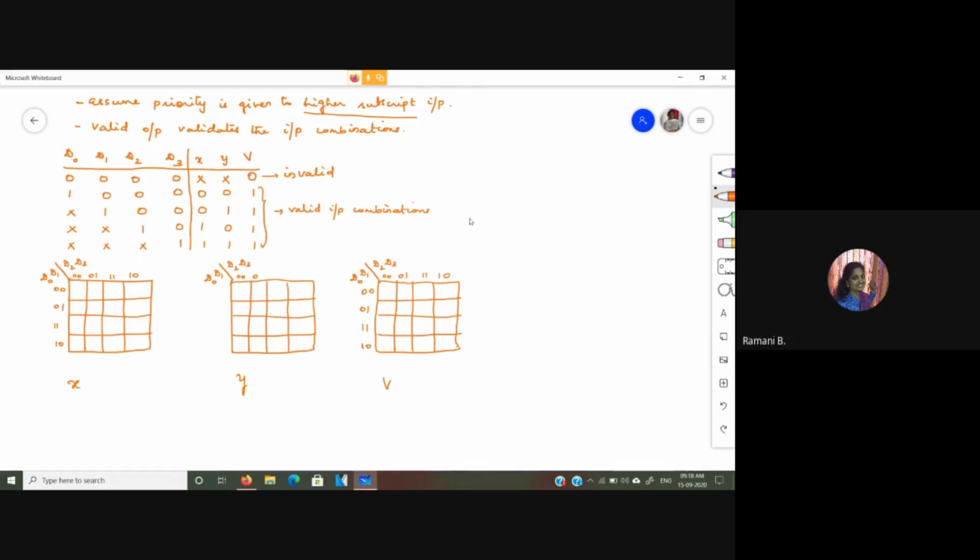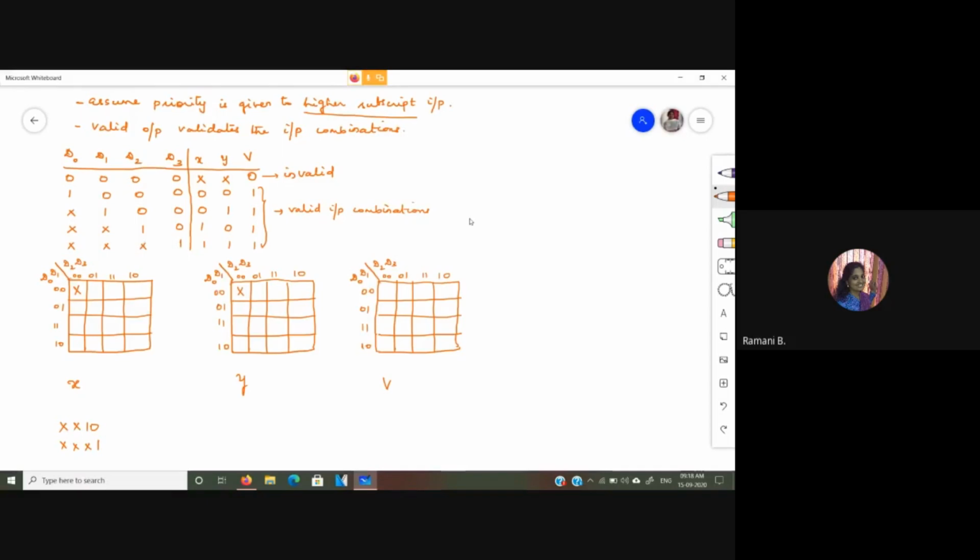For 0, 0, 0, 0, you have don't care in X as well as Y. And then we have X is equal to 1 for the combination X, X, 1, 0 and X, X, X, 1.